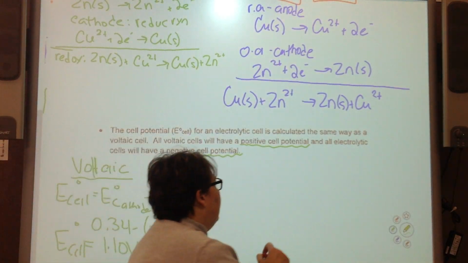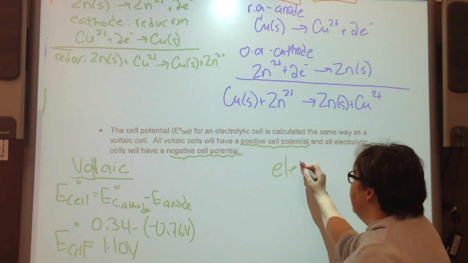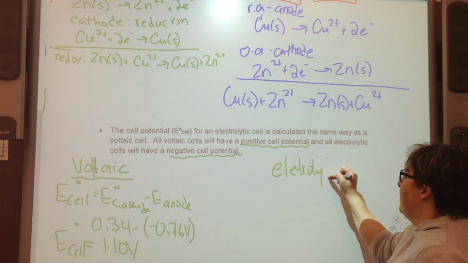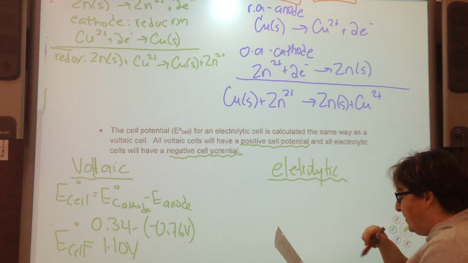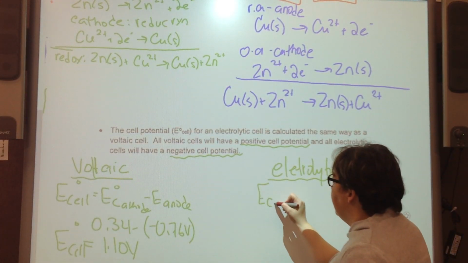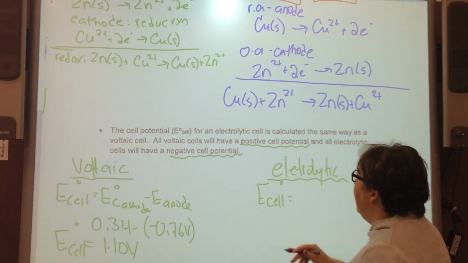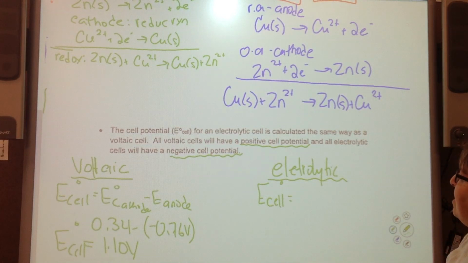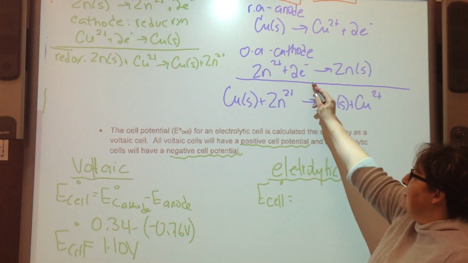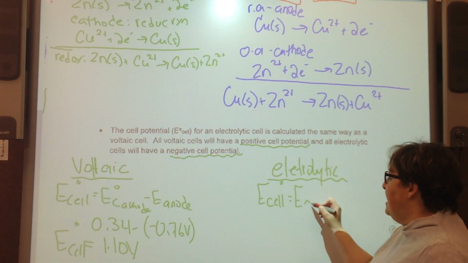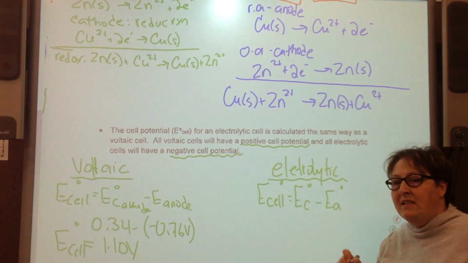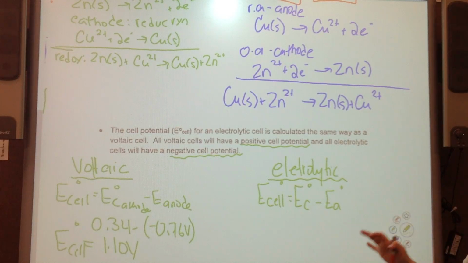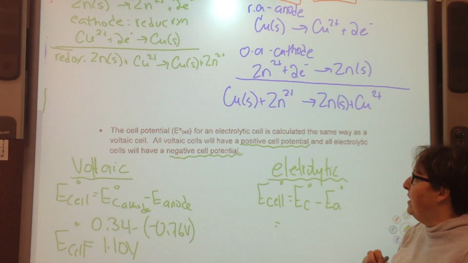Okay. Over here on an electrolytic cell, you're going to have your E cell, and our cathode is our zinc, so it stays the same. The formula doesn't change. What the species are for each one does change.